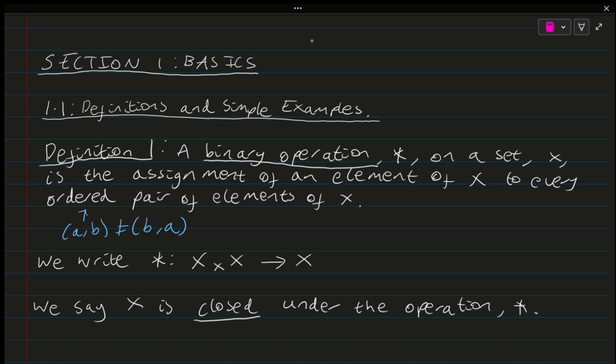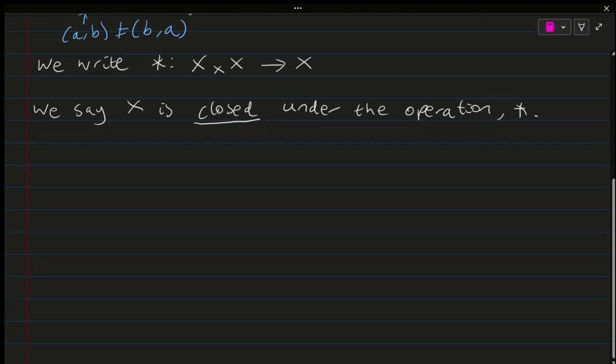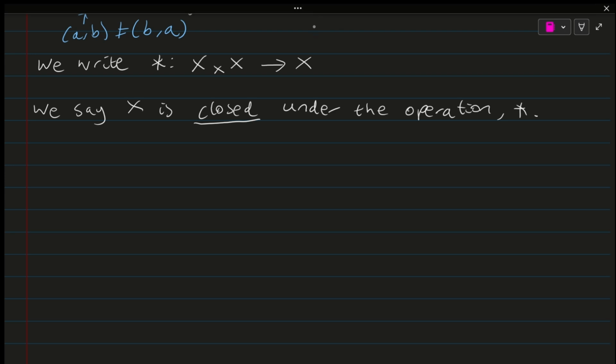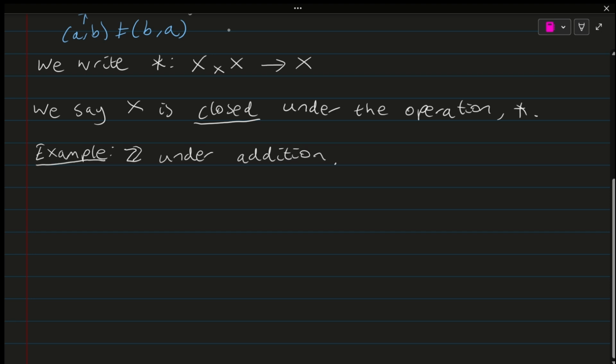So we'll take a simple example here. An example would be the integers, which we'll denote by this Z, under addition. Every pair of elements of Z gets assigned another element of Z under addition.